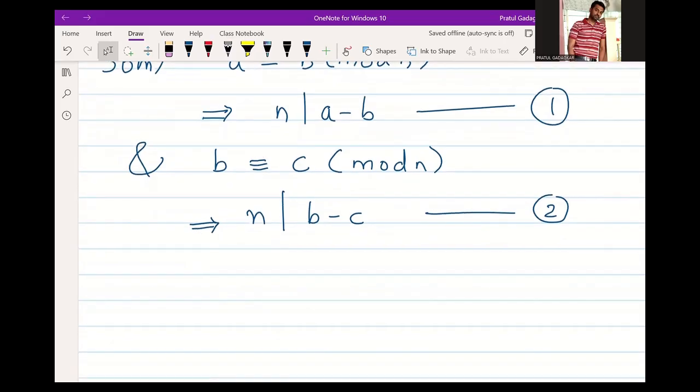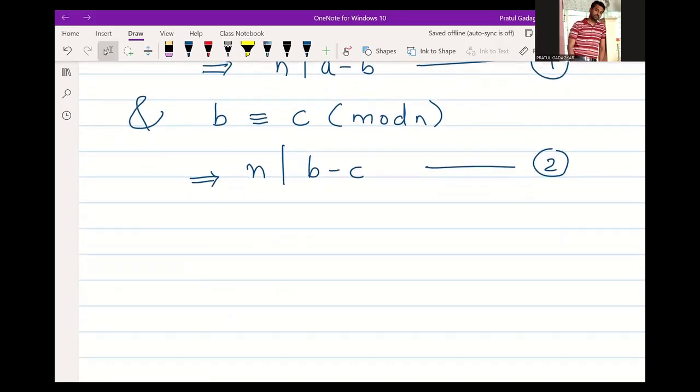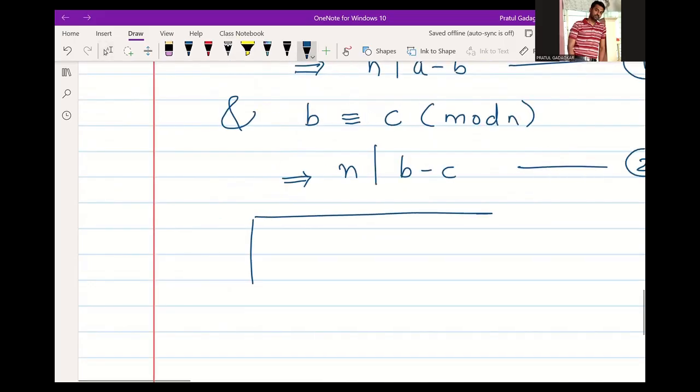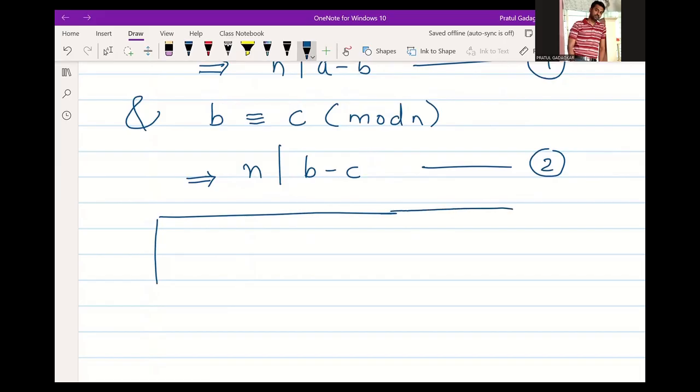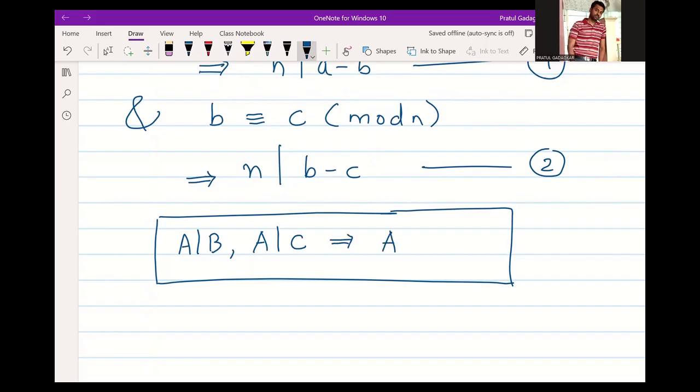And we have used this in the divisibility videos. We have already written one very important property. If you remember, if A divides B and A divides C, then you can always say that A divides B plus C, right?